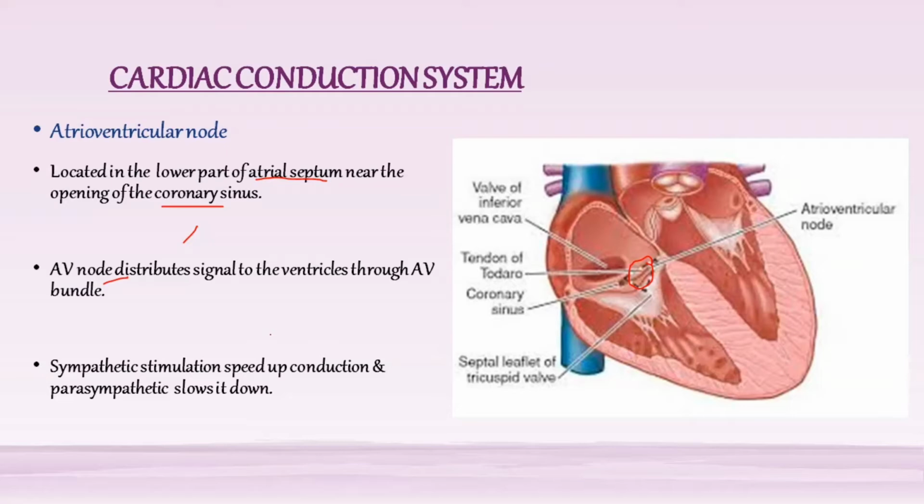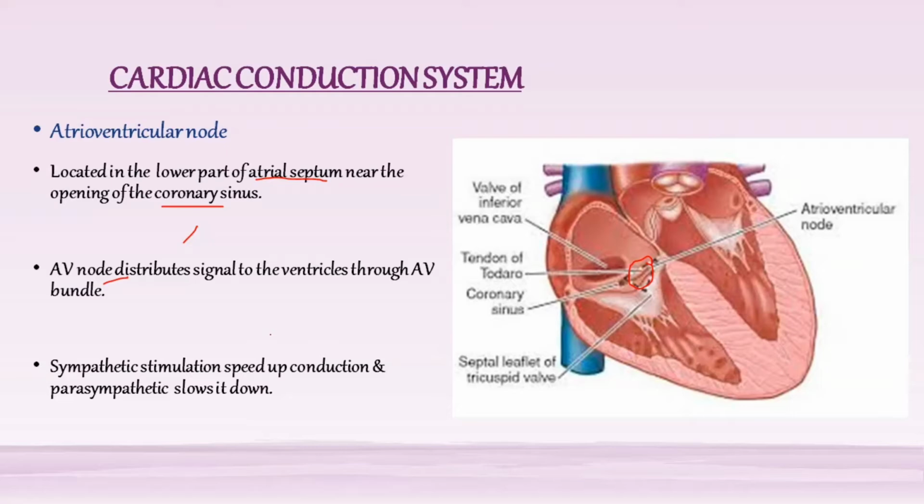The signals generated by the SA node pass through the wall of the right atrium, propagated by cardiac muscle, which transmits the signal rapidly from the SA node to the AV node.